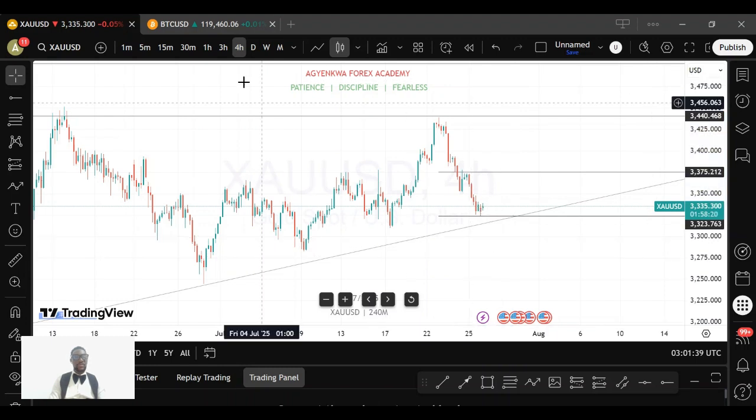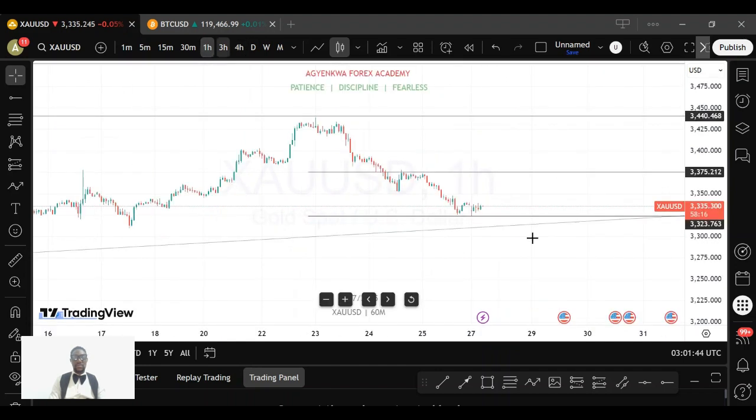So the best thing to do is to drop down to either 1 hour or 15 minutes, and then we wait for a pattern. We can wait for gold to induce this bias here to the trend line, and then we see something like this.